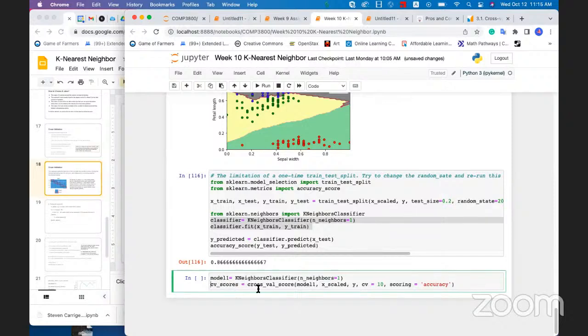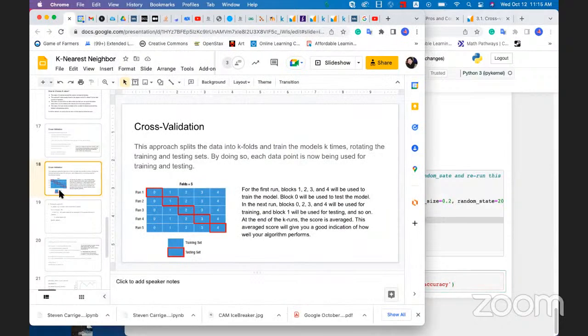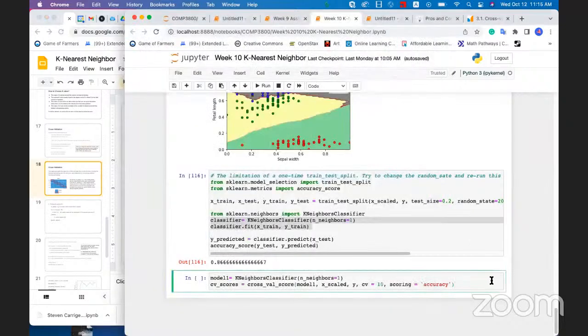What this generated is a list of CV scores, a list of accuracy scores for each run. For each experiment, it generates an accuracy score. So this should be a list of 10 accuracy scores.